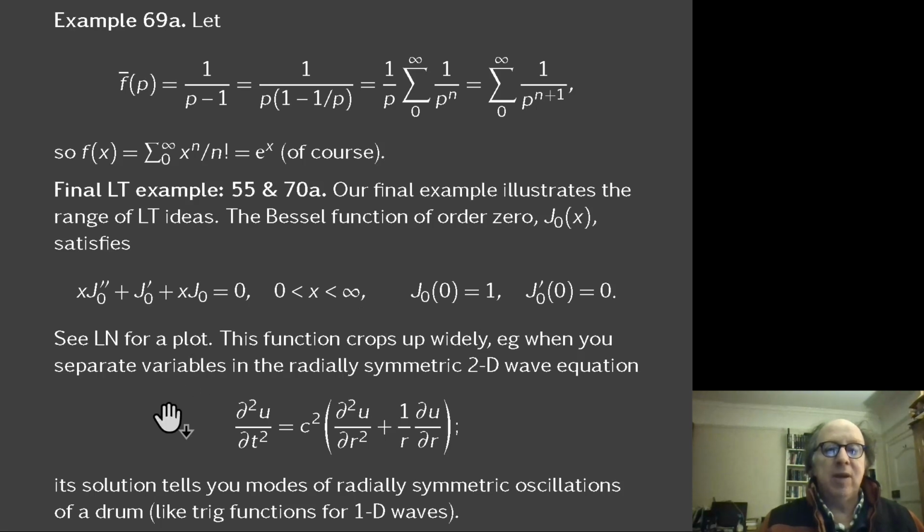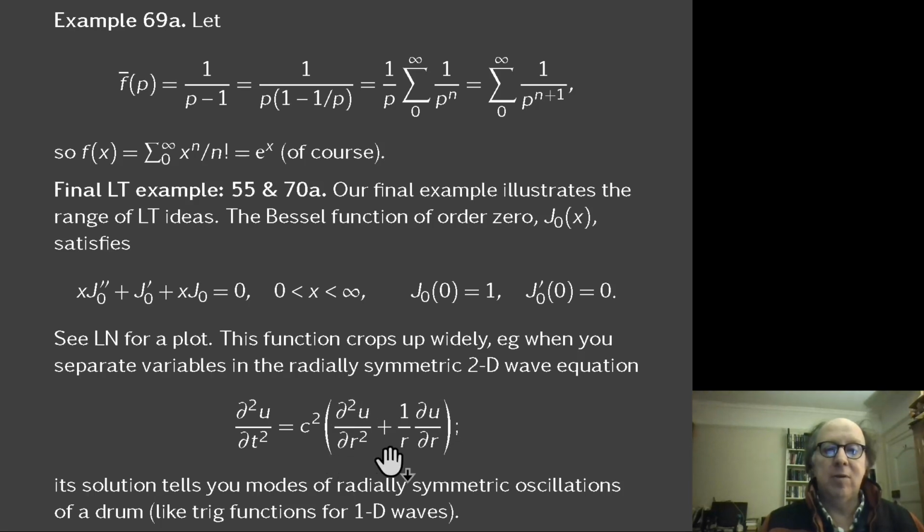The commonest place you would find it, the easiest way to visualize it, is if you take the wave equation in 2 dimensions and then look for radially symmetric solutions. So you might have a circular drum, and you look for radially symmetric oscillations of it. And the equation of motion of a 2-dimensional drum is d2u by dt squared is c squared times the Laplacian of u, del squared u.